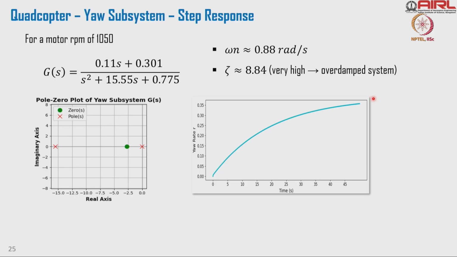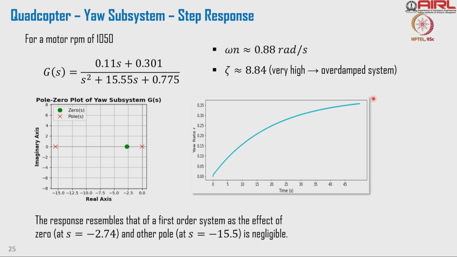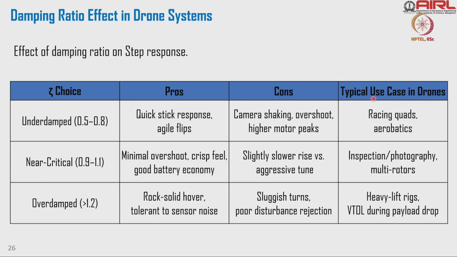Think about it, if for some reason my eta r is changed, I can influence the system. If the pole goes closer and closer to the imaginary axis, then my yaw dynamics becomes oscillatory.